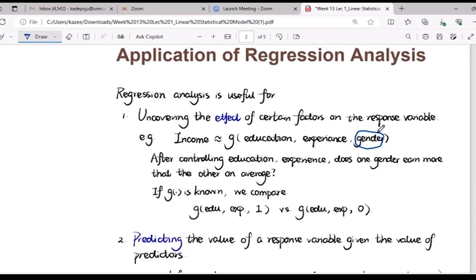No. When I say causation, I mean cause and effect. I cannot conclude that because there could be other potential variables that are influencing the relationship between them that we did not take into consideration.